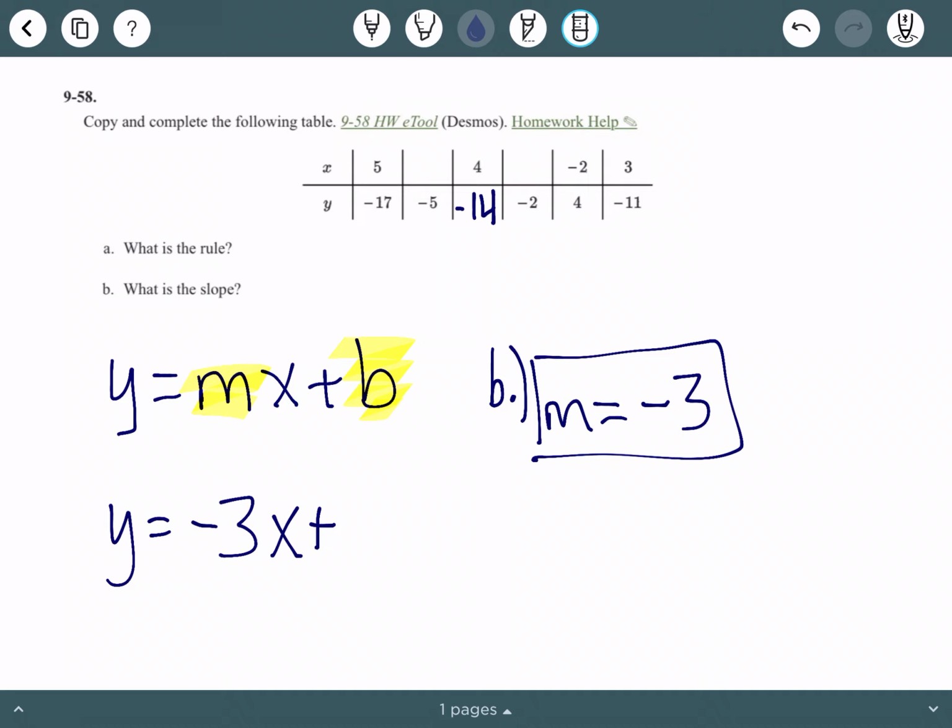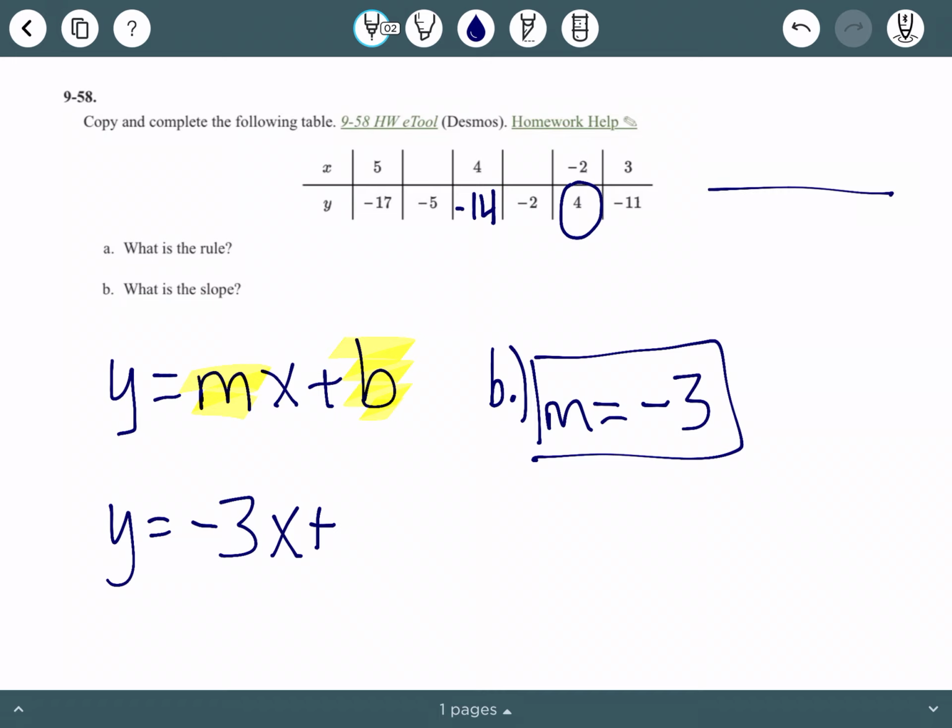Now we need to figure out what our input is going to be for an output of negative 5, and what our input is going to be for an output of negative 2. Well, if I'm working backwards, let's say my output is a 4, and I know I'm growing by negative 3 each time.